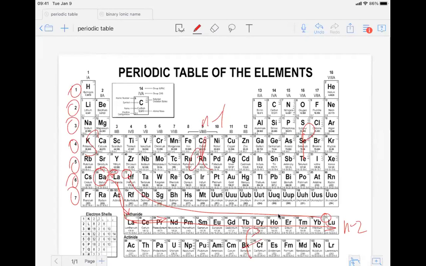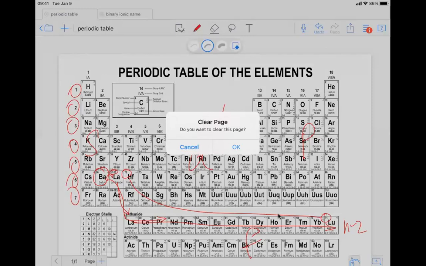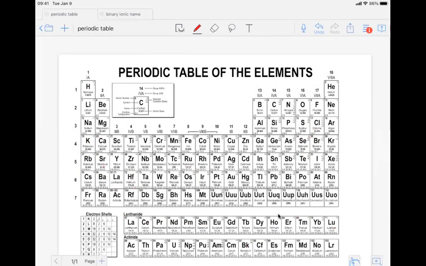Okay, so what I want to do is pick out some random elements and go through how to assign the electron configuration with you. After that, I'll give you a couple of elements and have you try it on your own. So how about one of you guys give me an element to do and I'll show you how to do it.